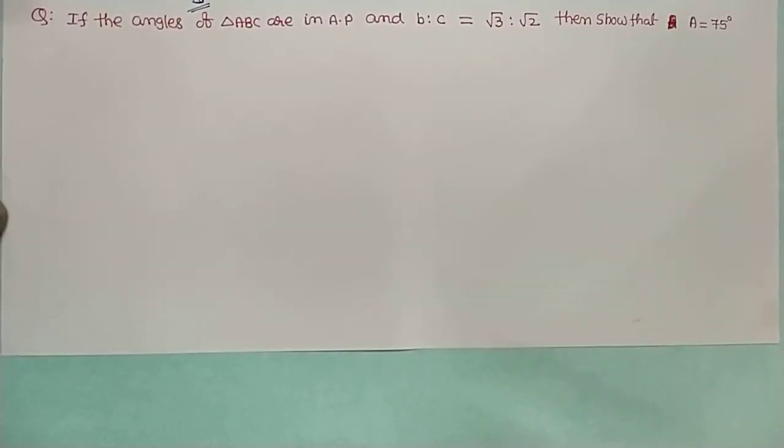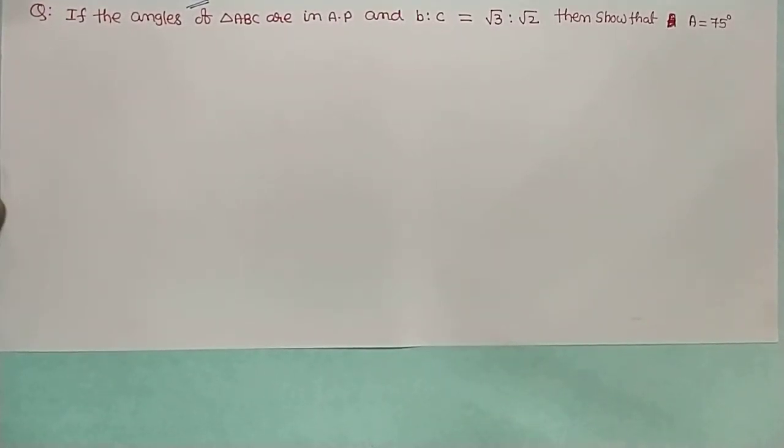The next question. If the angles of triangle ABC are in AP and small b is to c equal to root 3 is to root 2, then show that angle A equals 75 degrees.